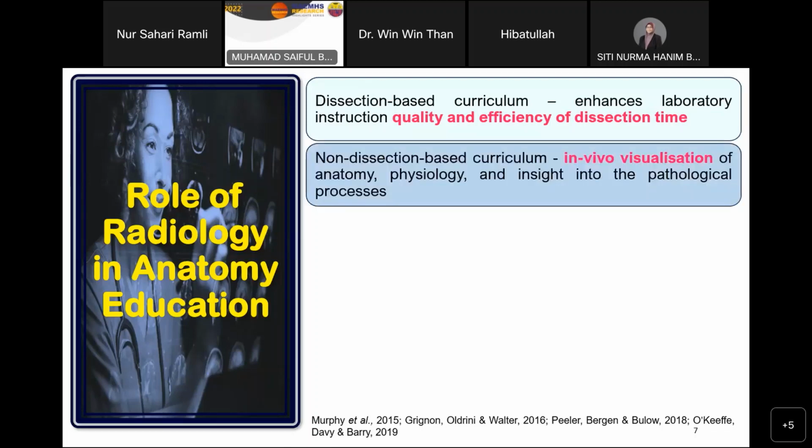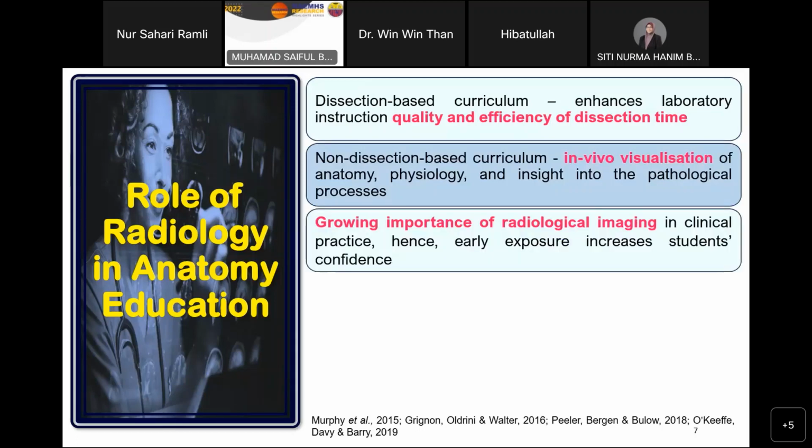On the other hand, for a non-dissection based curriculum, like the one in USM, integration of radiology material can help students to have in vivo visualization of anatomy itself, the physiology, and also gives them insight into the pathological processes.